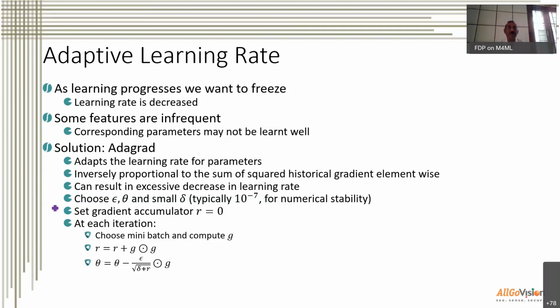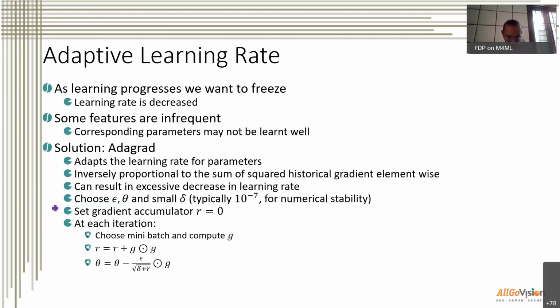So what you want to do is, based on these features, adapt the learning rate on a parameter basis. If some parameters have already been impacted by features, then I want to decrease the learning rate for those parameters. But for parameters which have not learned well enough so far, I don't want to decrease the learning rate.